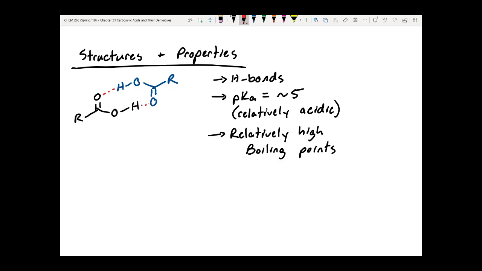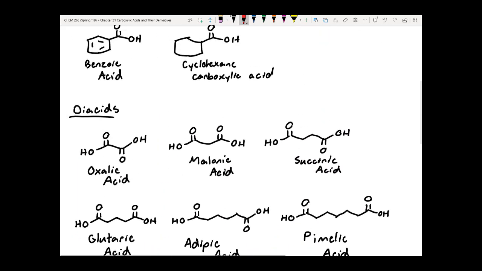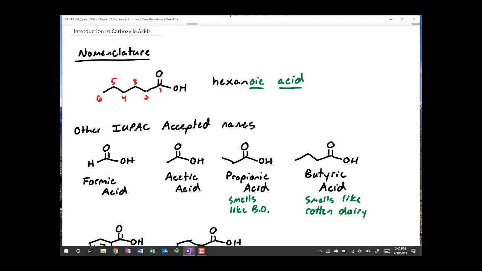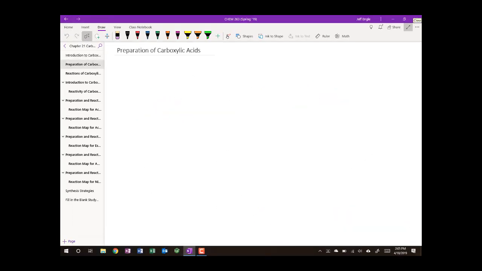So later on in the chapter, we'll go through and we'll talk about the nomenclature for acid halides, same thing with esters, same thing with anhydrides and nitriles. But for right now, we're going to focus on the carboxylic acids themselves. So now we get to talk about how we make carboxylic acids, but luckily we've seen a ton of this already. So we're just going to do some review.